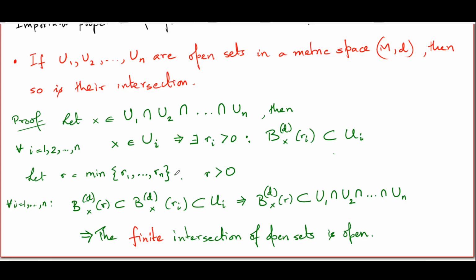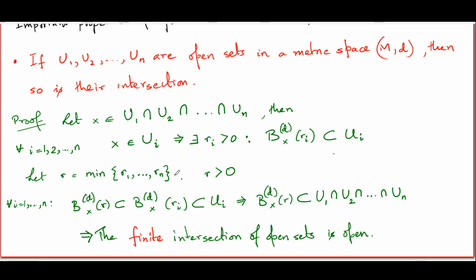If on the other hand, you had an infinite number of different Ri's, so you were trying to talk about an intersection of an infinite number of open sets, then you may no longer be in a position to talk about the minimum of such a set. You can have an infimum of an infinite set, but not all infinite sets have minima.